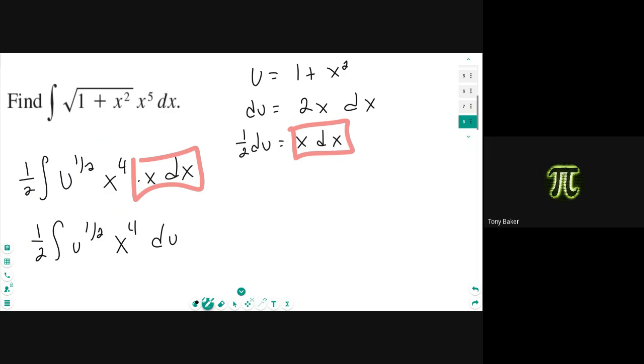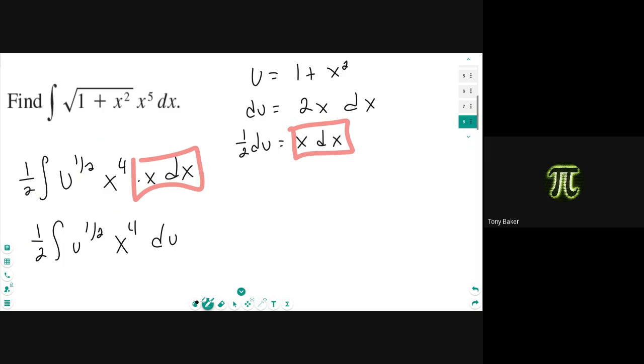In this one, I know I've got to get rid of that square root of something inside, so I've got to do some kind of u substitution. I've got that piece done, but now I have x to the fourth still there, and I can't have two variables. I can only have one variable, until you get to Calc 3, and then you can have two variables. So how am I going to get rid of the x to the fourth?